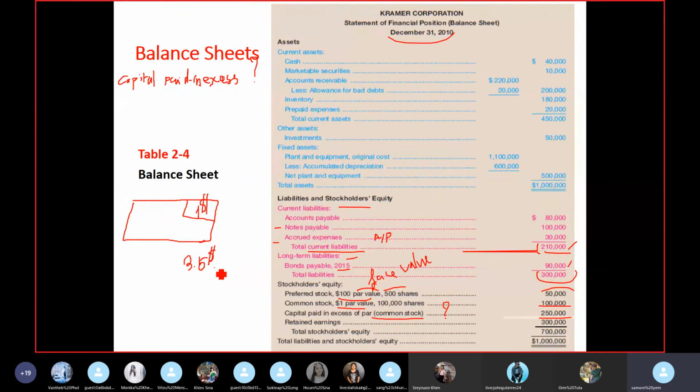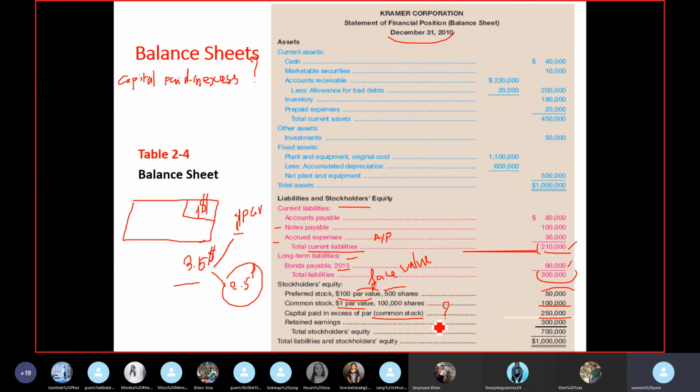This 3.5 will be divided into two parts. One is called the par value: $1 is the par value. And 2.5 is called the excess over par value. The company collects $3.5 from the shareholder, but to make known the par value amount, it is $1 per share, and the other is called capital paid in excess of par.